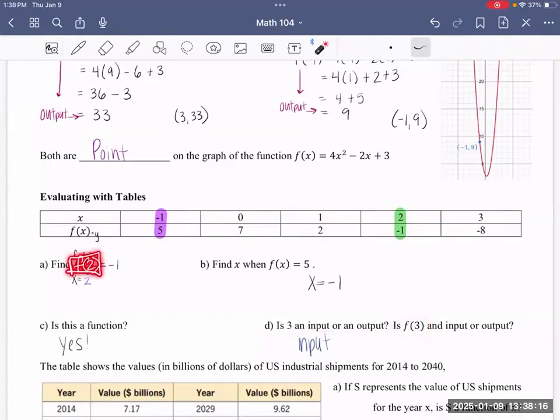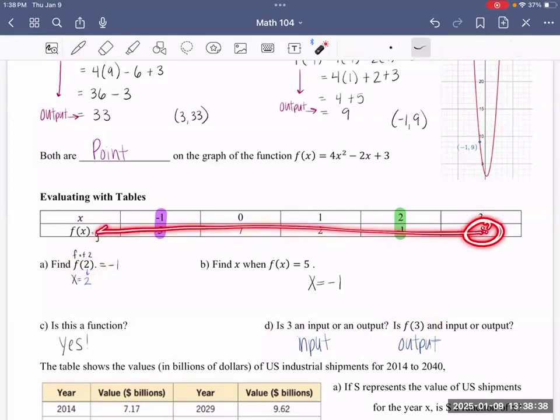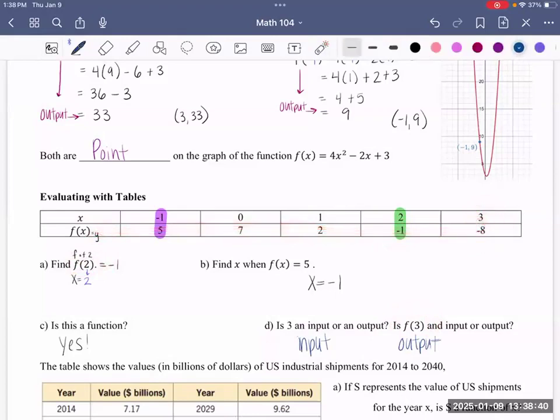F of 2, when I plugged in the 2, it comes out to be the -1, which in this case is our y value. So same thing here. This is now our output value. F of 3, we plugged in the 3 into our function, into your table, and we get out a -8. That is your output value.